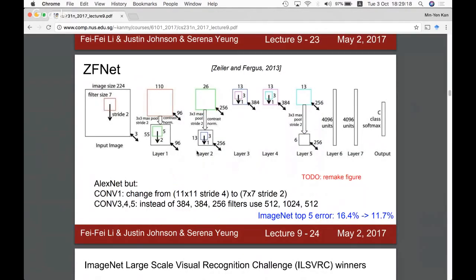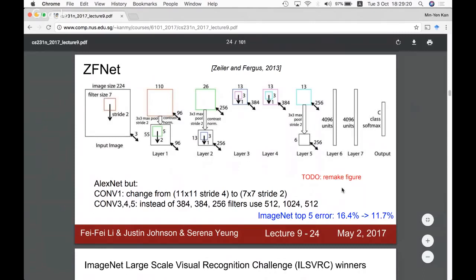Here is a brief introduction of ZFNet, but the figure has some errors. We just mention two tips. First, it only changed the filter size.